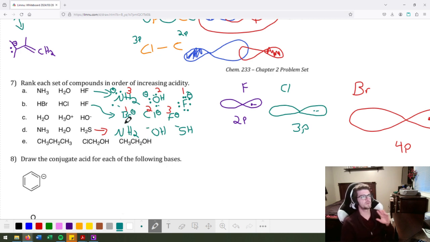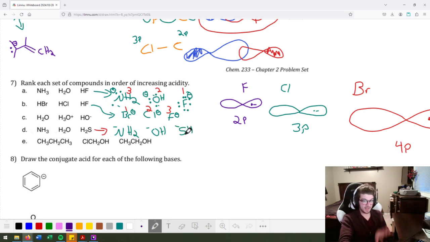For the NH2 minus and the OH minus, we already talked about why the NH2 minus is less stable than OH minus. So NH3 is the least acidic. So that deals with the NH2 minus and the OH minus.